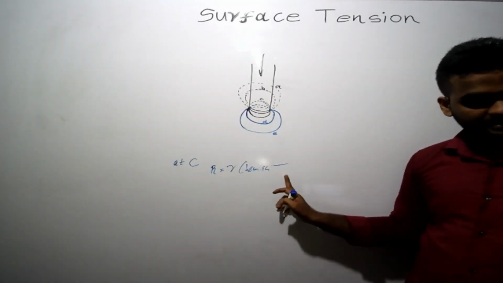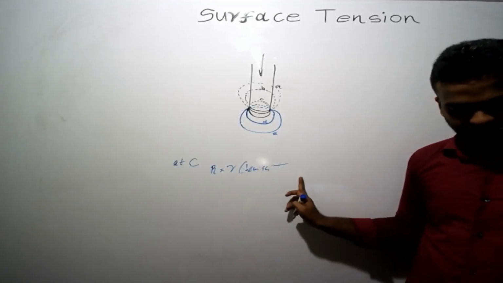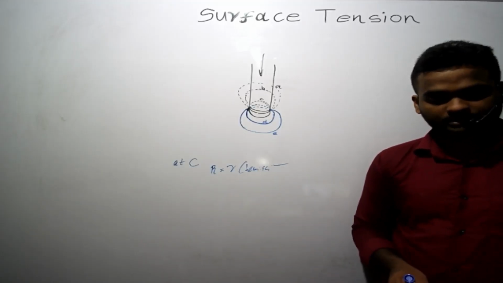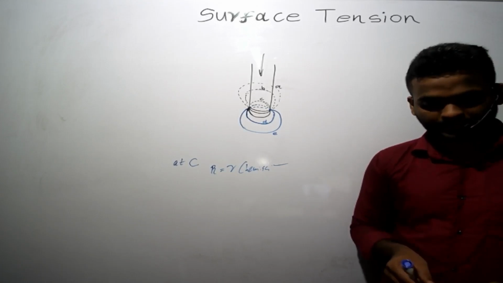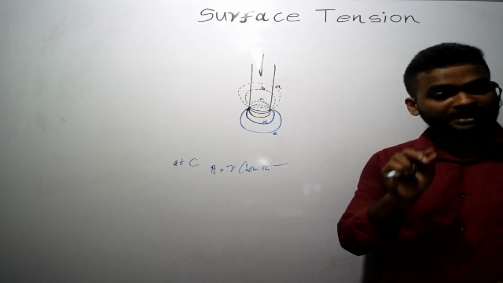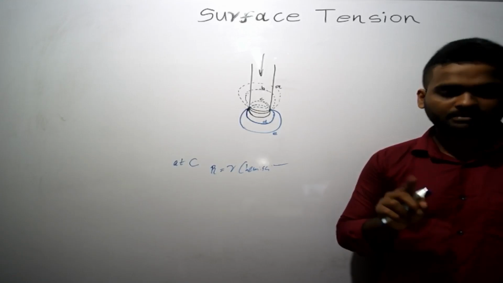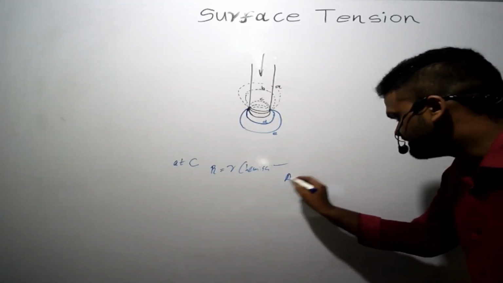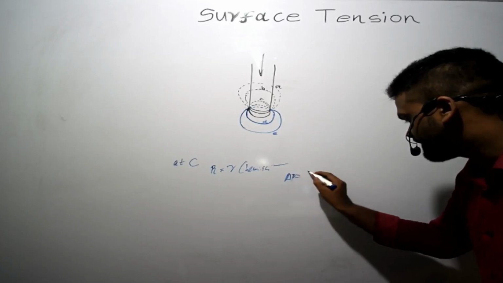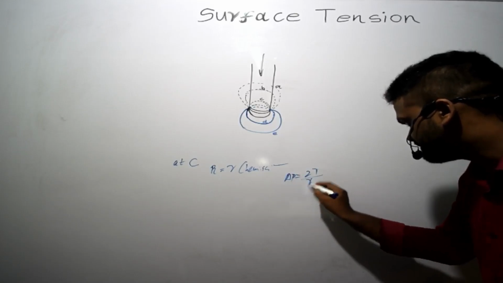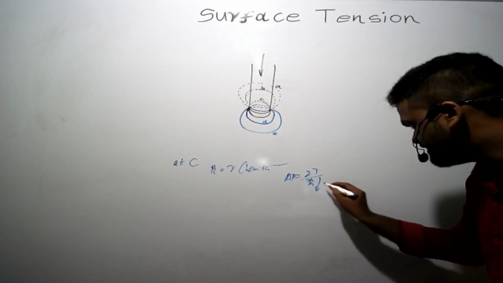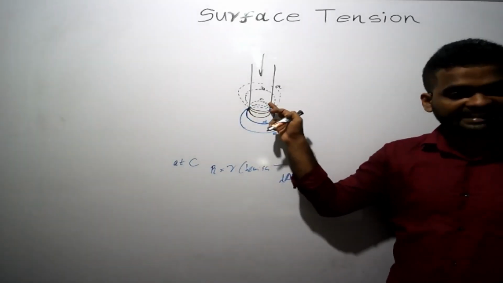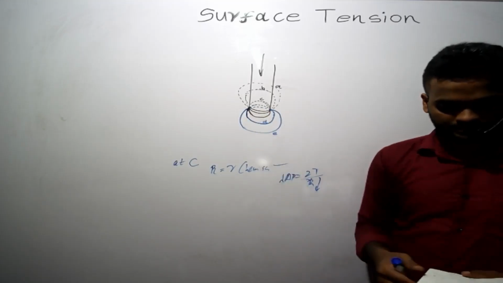Pressure is maximum since capital R is minimum. Remember this, delta P equals 2T over R, right? So R is minimum, pressure difference is highest. So everything happens when it is C, when it is hemispherical.